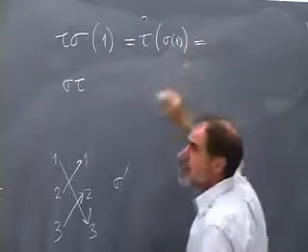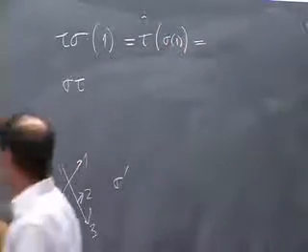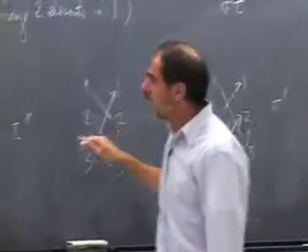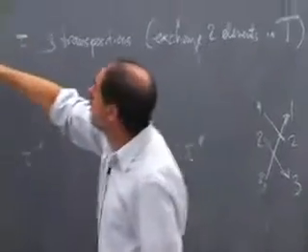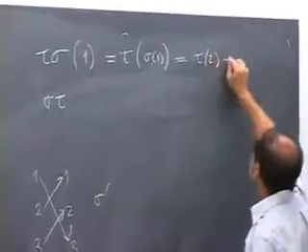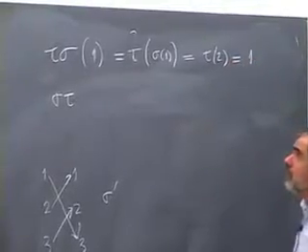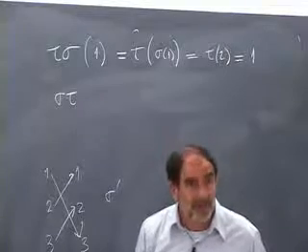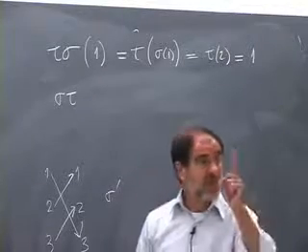Sigma of 1 is, by definition, 2. Right? And tau of 2 is 1. So this permutation, whatever it does, fixes the element 1.